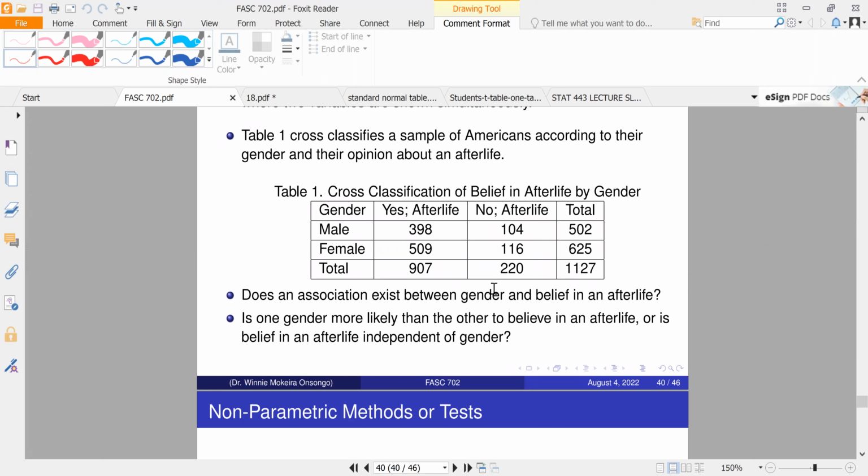Now, in the sign test, what happens is that it will assign negative values. It will assign a negative sign for numbers that are less than the median value, and it will assign positive values for numbers greater than the median value. So in general, let's suppose that in your population, we have x1, x2, and then you have the median.